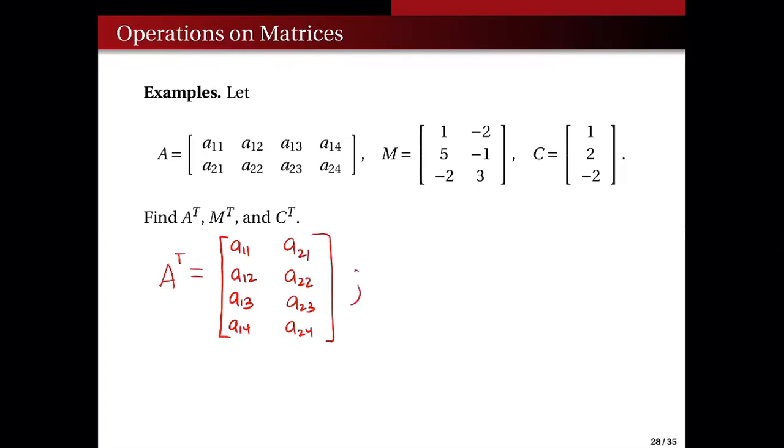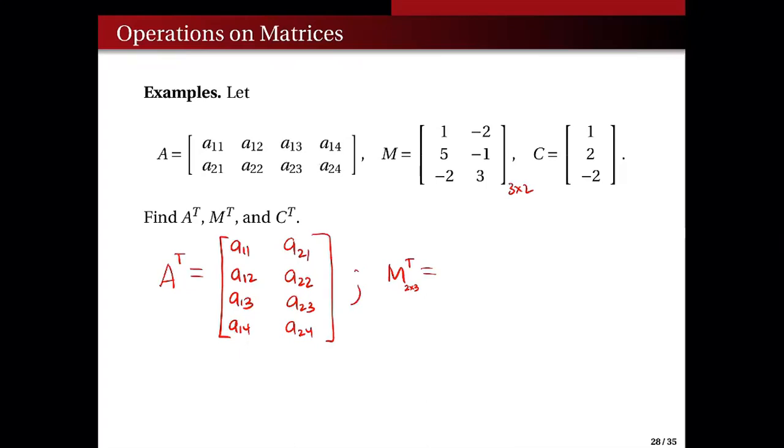Let's look at M transpose. M is 3 by 2, so the transpose will be 2 by 3. I did not mention that here, but that is the case. A is 2 by 4, so its transpose is 4 by 2.